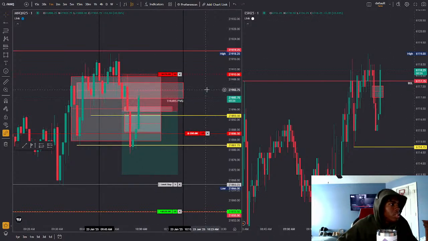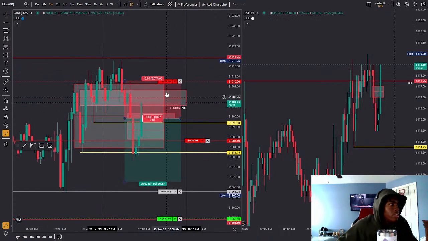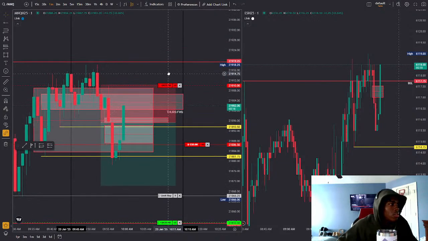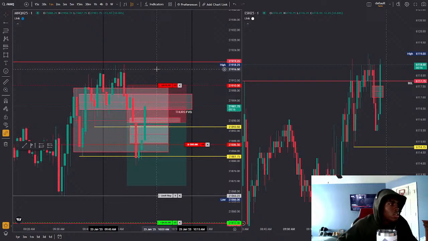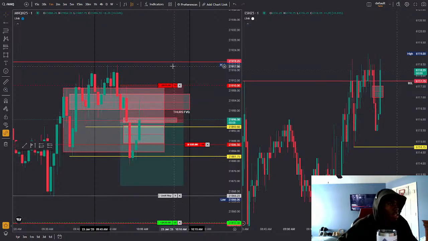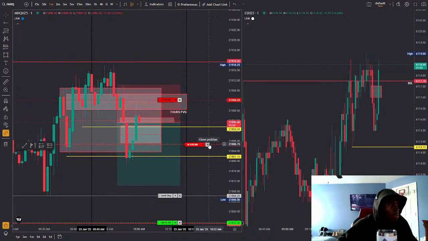Really above this midpoint, I ain't effing with it. If we close above here and all this shit too, I can't F with it for real. Alright, ES is fucking moving. Alright, we're moving stop right here. If we close above that midpoint though, I'm not effing with it. And we embracing gaps now.